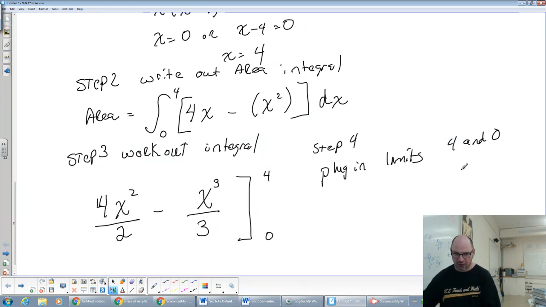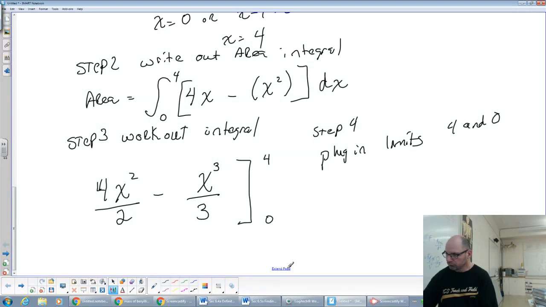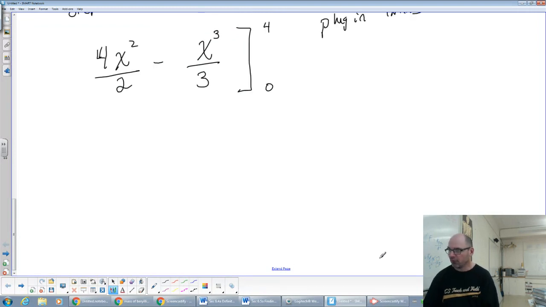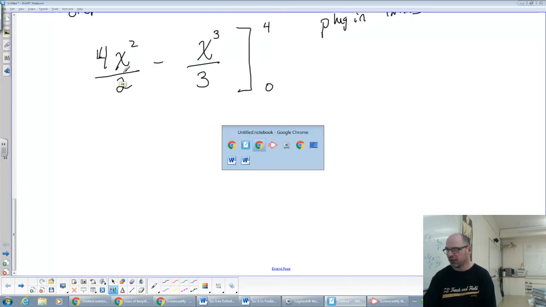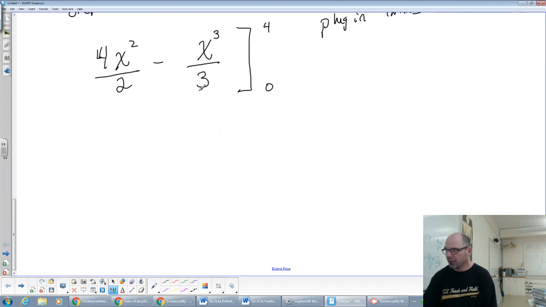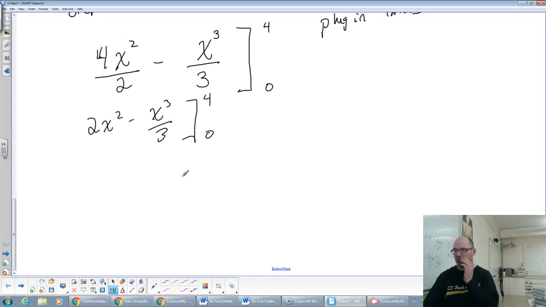All right, so let's go ahead and do it. Okay, so obviously the other limit's going to be, we could reduce this, sorry guys, we could reduce this to 2x squared minus x cubed over 3. So the second one is going to be minus 0, right? It's going to be something minus 0. So let's go ahead and do that.